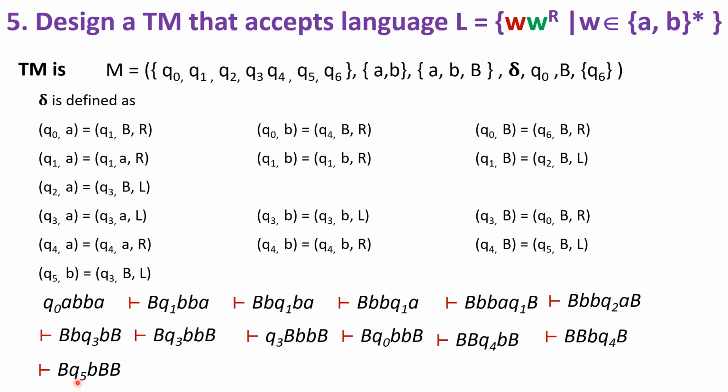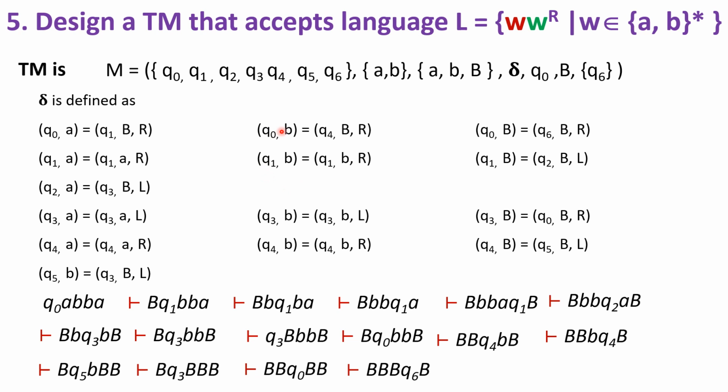And Q5 must be pointing to the rightmost B. If it is Q5 B, replace B as blank, Q5 as Q3, move towards the left until you come across a blank. Once you come across a blank, Q3 is changed to Q0. A cycle is completed.